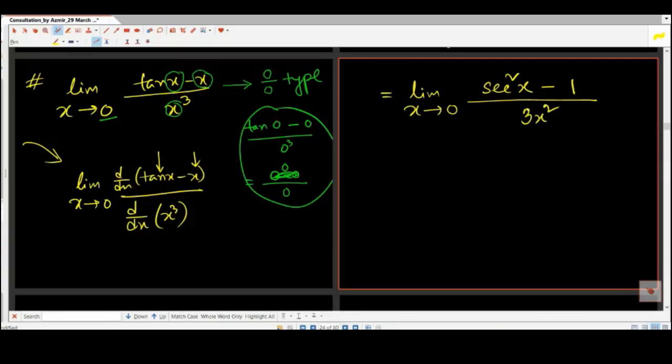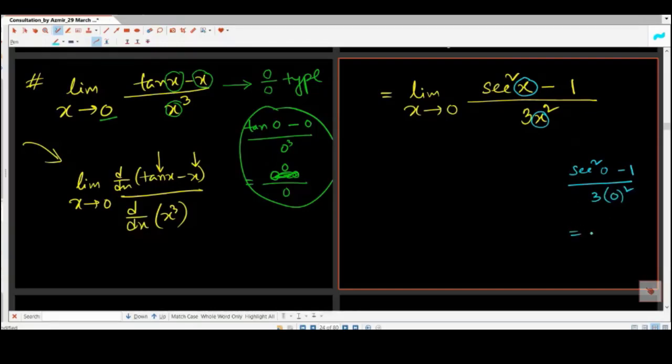Now again, we have to check what the type of this simplified portion is. This is the location where we can input the value of x. Here we have x. So secant squared 0 minus 1 over 3 times 0 squared.